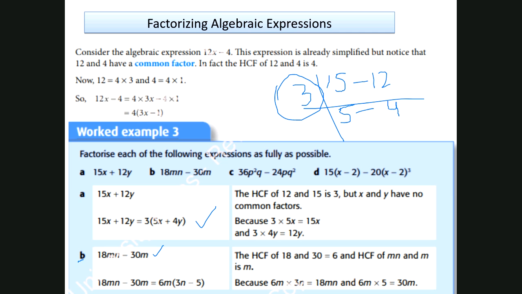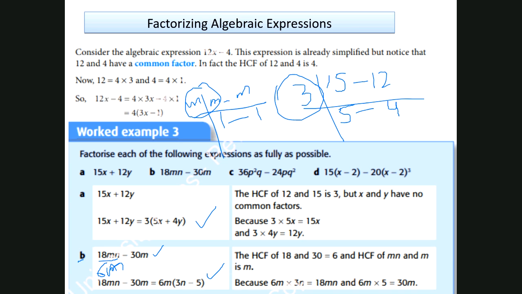The number which can divide both is m. So 6m is your HCF. If you divide by 6m, 6 threes are 18, m cancels out, only n will remain. Minus, 6 fives are 30, so 5 will remain. So this is how to find the factors.